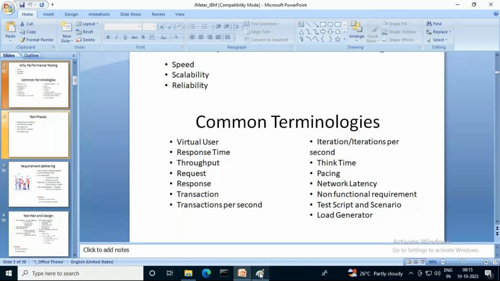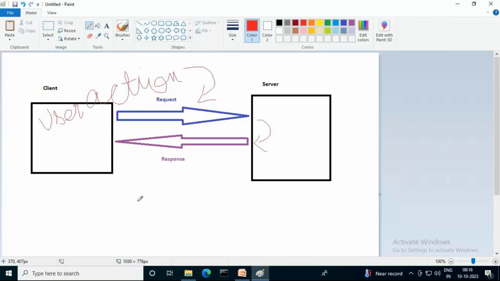Per second, how many transactions are getting completed, that is known as TPS. Now TPS is directly proportional to the number of users. When your number of users increases, your TPS is going to increase. Okay, number of users, so I will write it as number of users, right? Sir, can you include an example too?